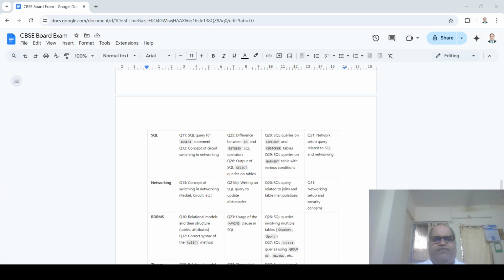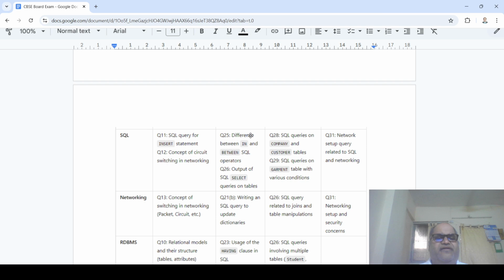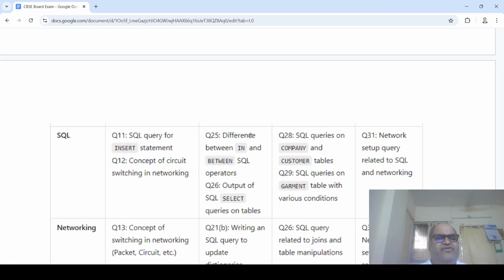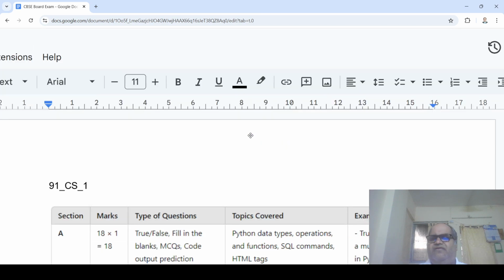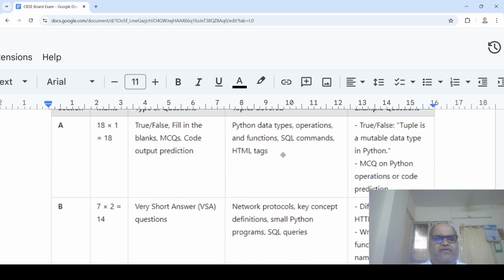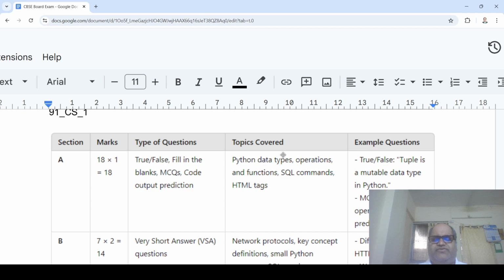So here, what I have done is look at the last couple of years' question papers, and the idea is to give you some sort of aggregated view of what you can expect in your board exam.